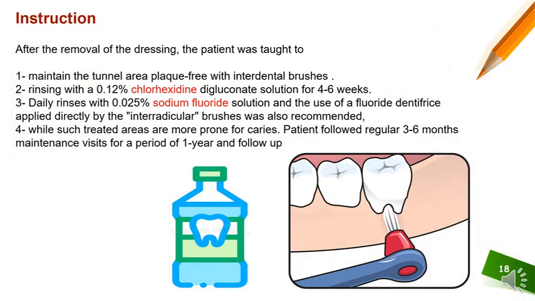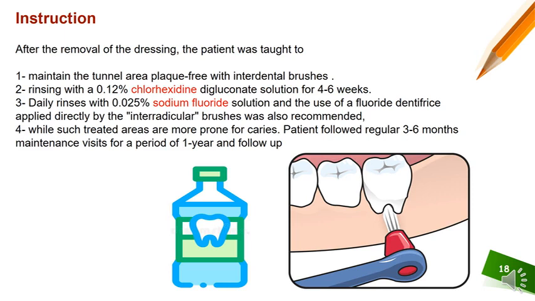Instructions: after removal of the dressing, the patient was told to maintain the tunnel area plaque-free with an interdental brush, rinsing with 0.12% chlorhexidine diglyconate solution for 4 to 6 weeks, and daily rinsing with 0.025% sodium fluoride solution.